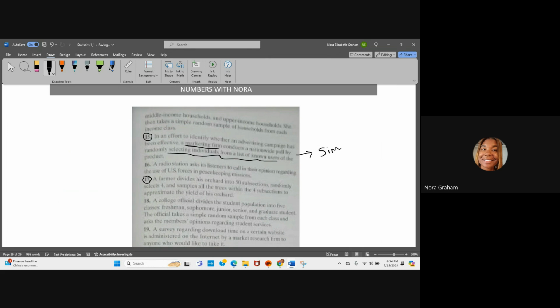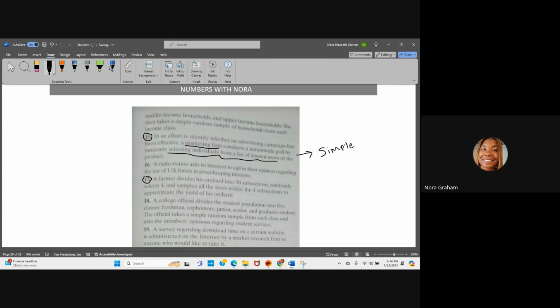And if you did pick convenience, I believe that one would have still been correct because it's from a marketing standpoint and you're selecting individuals from a list that you already have. Okay. So if I was a researcher, I would have totally considered this as convenience as well.